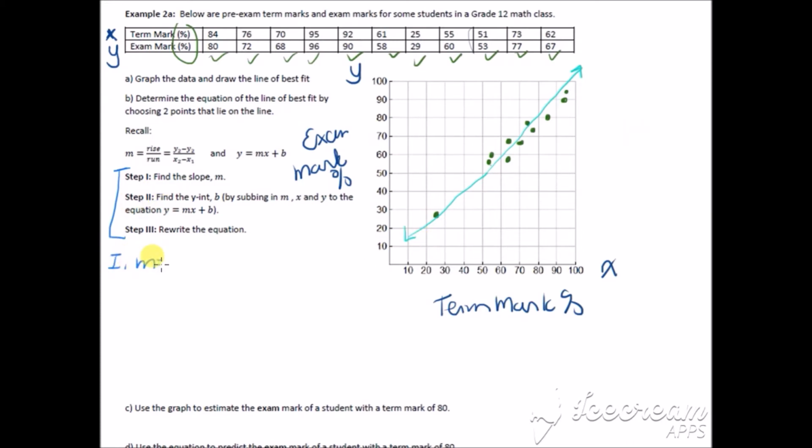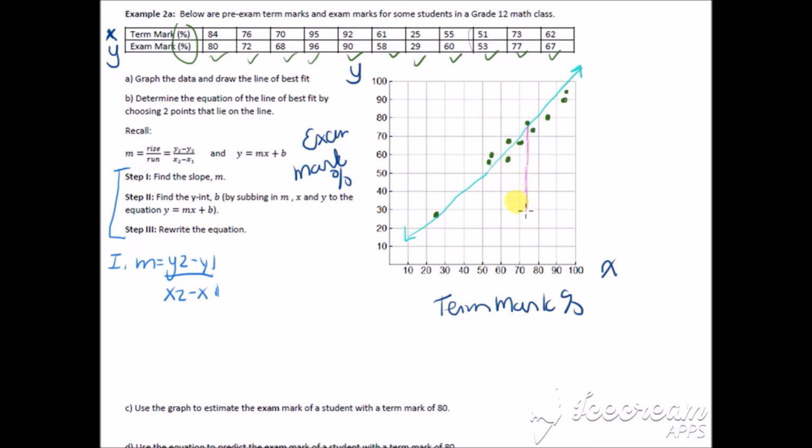As a review, we use y2 minus y1. That just means that we're going to find the difference in the y's, and then x2 minus x1, the difference in the x's. So we want to locate 2 points that our line goes through. It usually goes through 2 points.